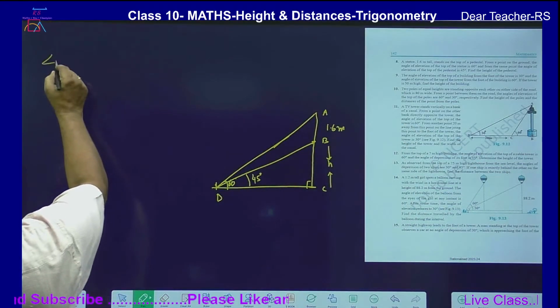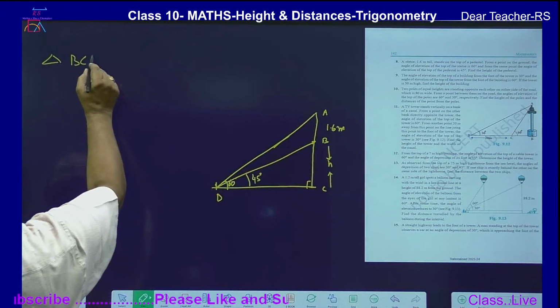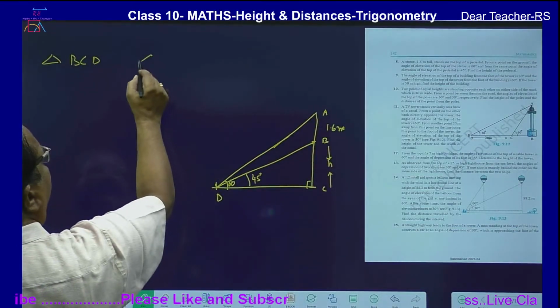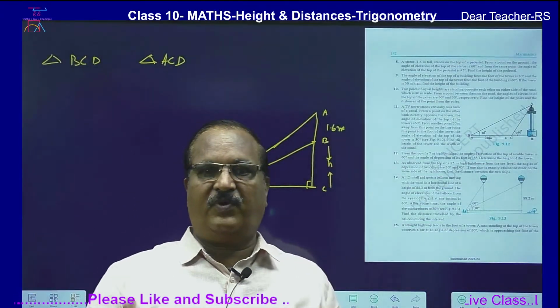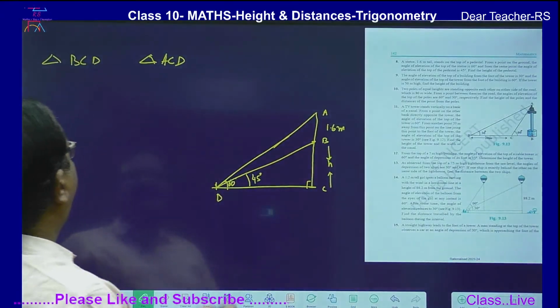One right triangle is BCD and the other right triangle is ACD. I am doing simultaneously one after the other. So in the triangle BCD, 45 degrees is there.